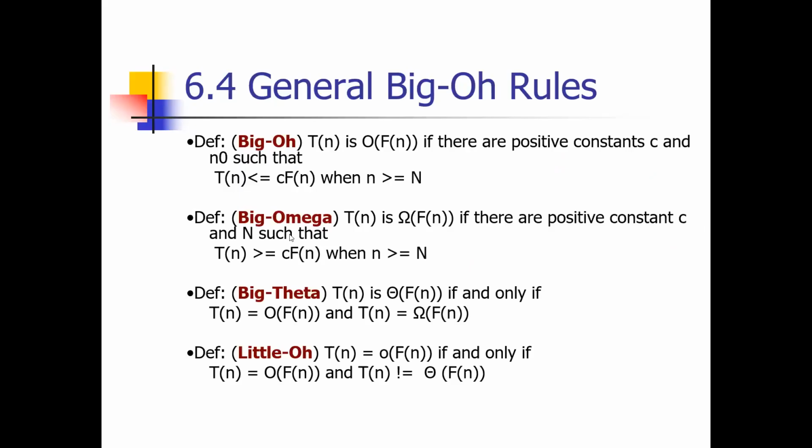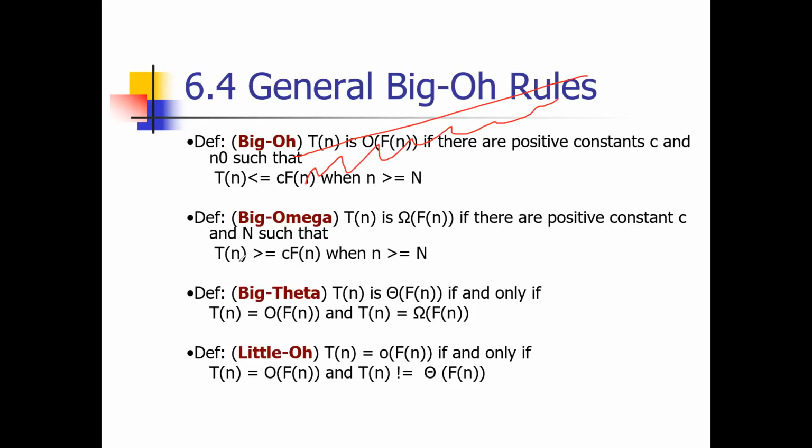Big omega is if there are positive constants C and N0 such that the running time is greater than or equal. So remember big O, the running time is less than or equal to this, which means that the big O function is above and your running time is somewhere here. So big O is your worst case.